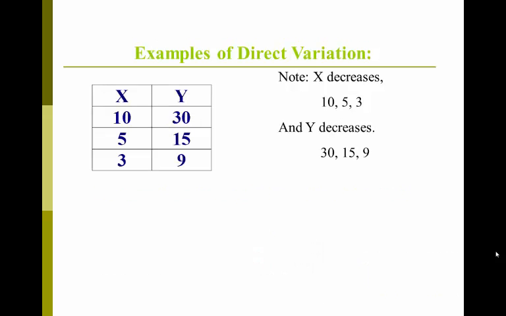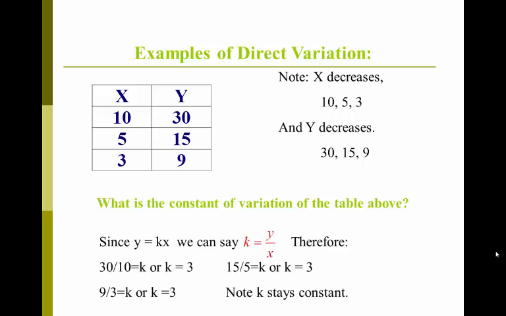Let's look at another example. Here, we notice that x is decreasing and y is decreasing. In order to figure out what the constant k would be, we again just do our division, y divided by x. In each case, when we divide, we end up that k is equal to 3. So our equation in this case would be y is equal to 3x.